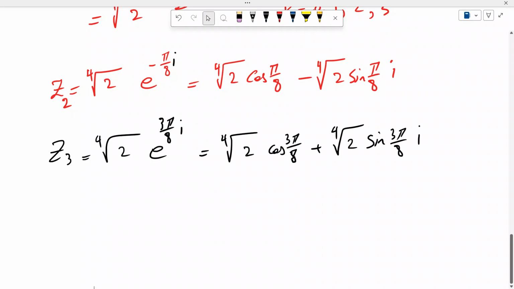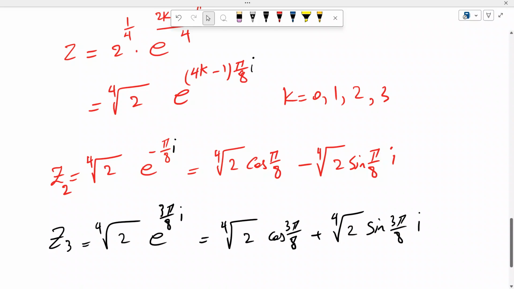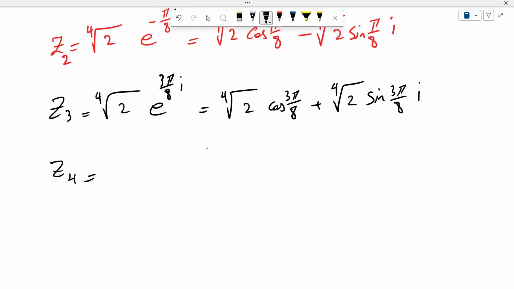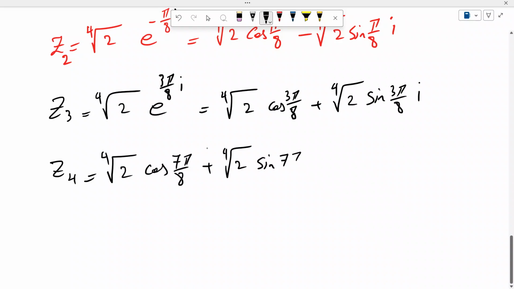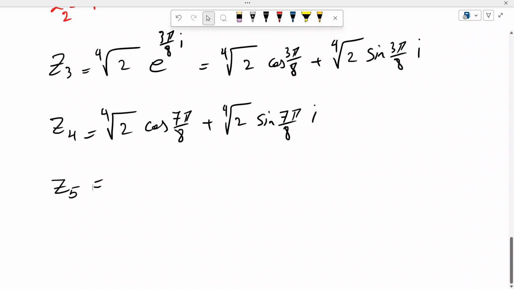And we have 2 more roots, which is z4. When k is 2, we have 7 pi over 8. I directly write the fourth root of 2 cosine 7 pi over 8 and the fourth root of 2 sine 7 pi over 8 i, and finally the fifth root. So the equation was of degree 5 and we have exactly 5 different roots. One of them was 0 and the other 4 we found based on the fourth root of minus 2i.